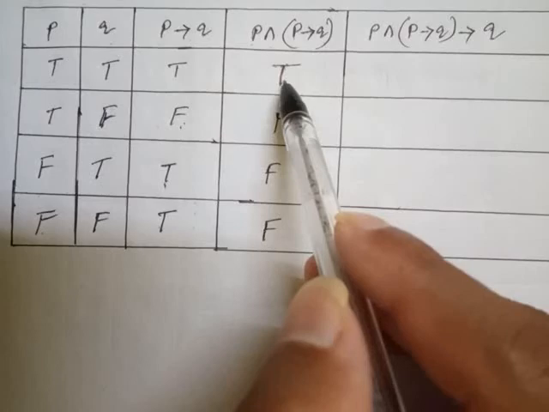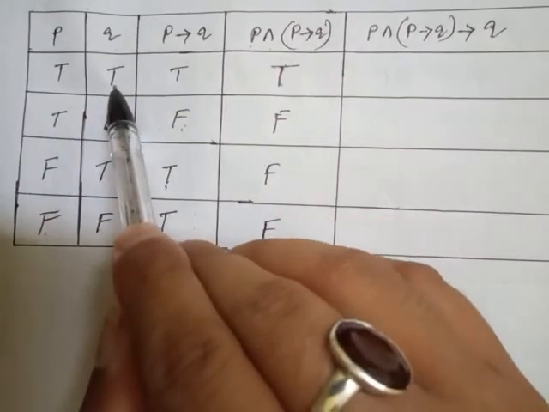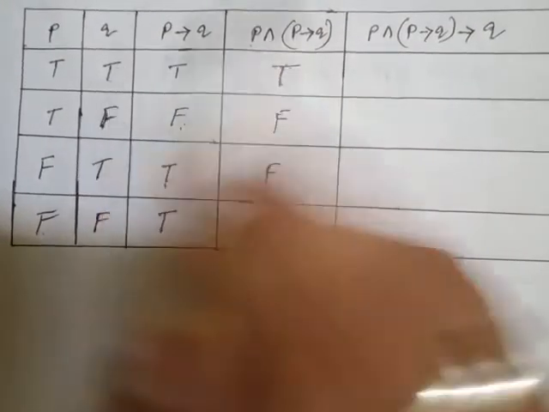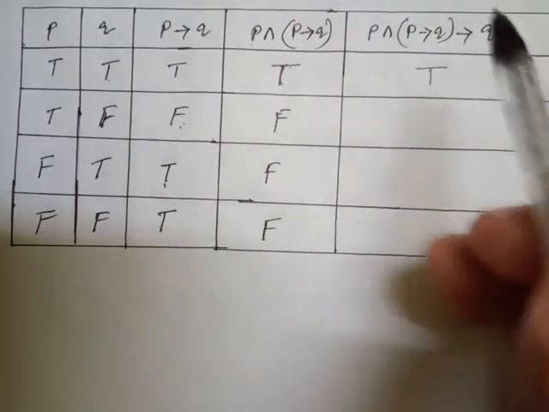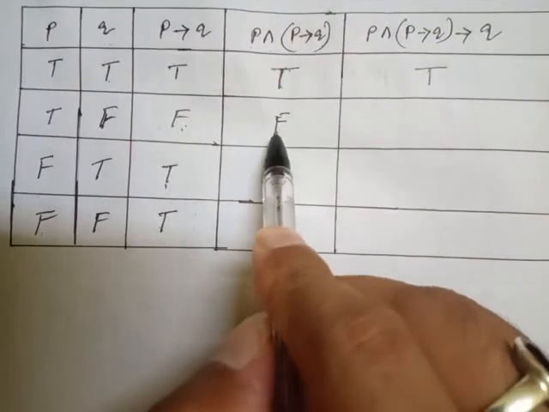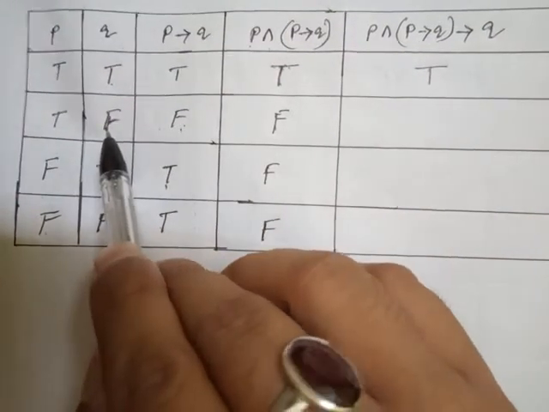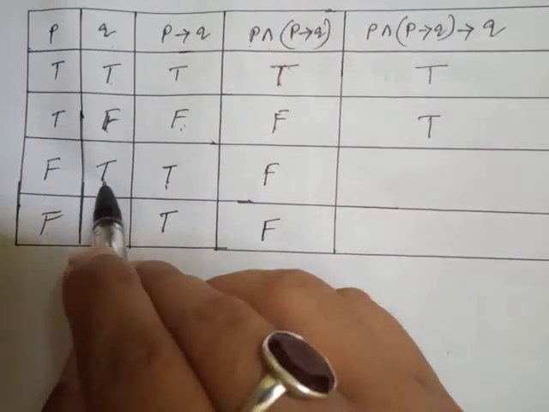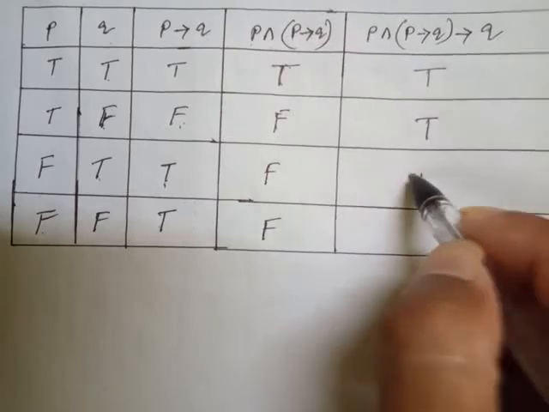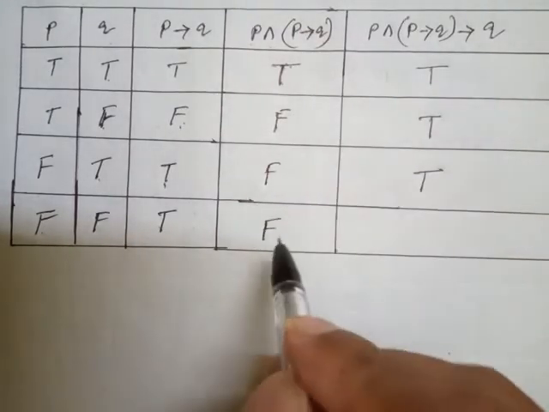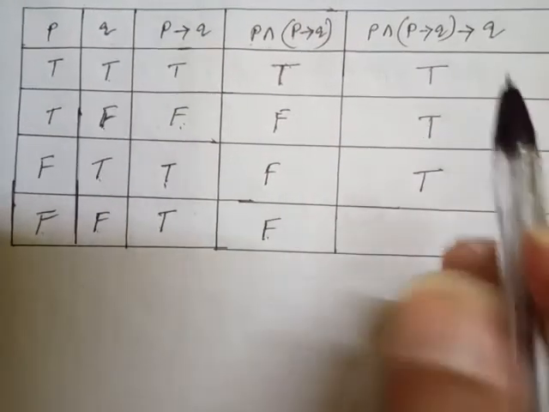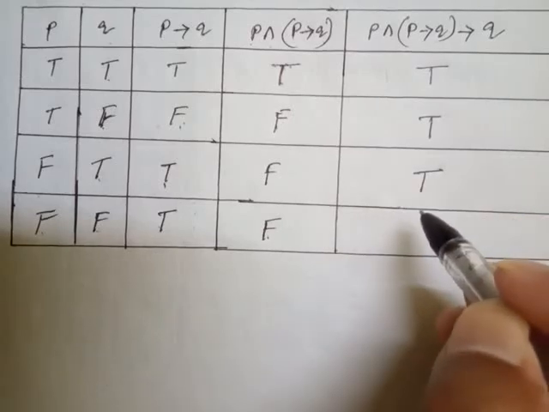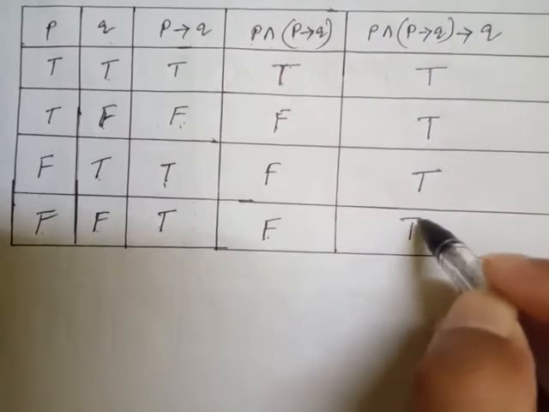Look here now, true and true implication means true. Now false and false implication means true again. Now false and true means true again. Now false and false means true again.